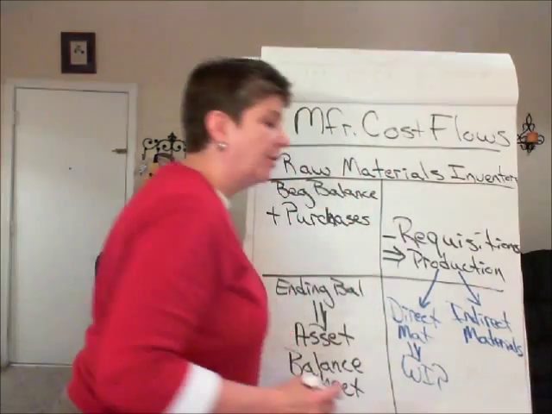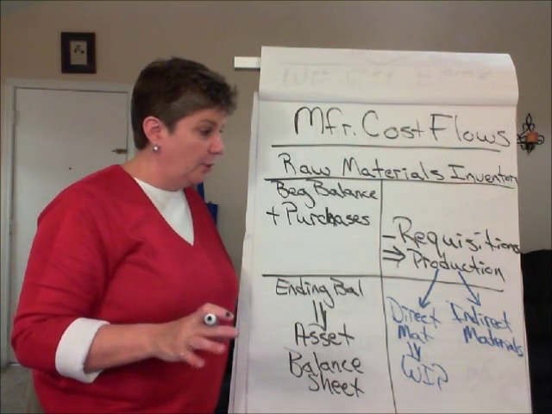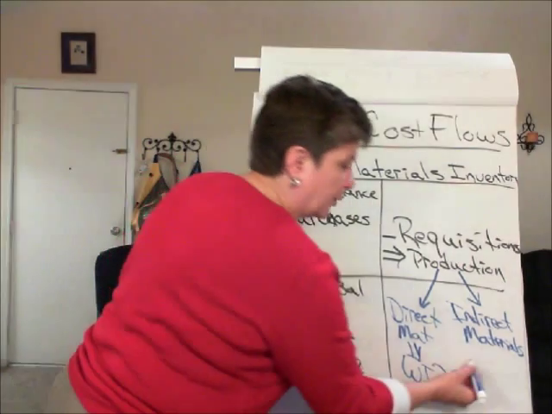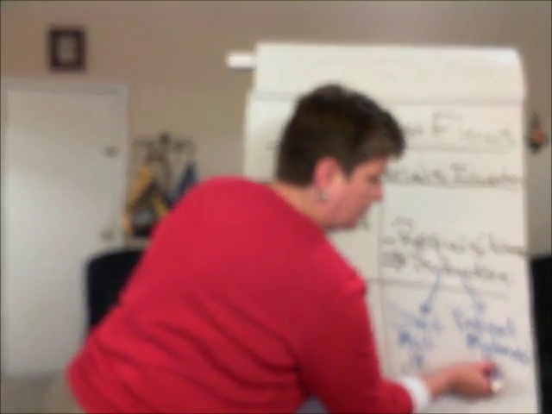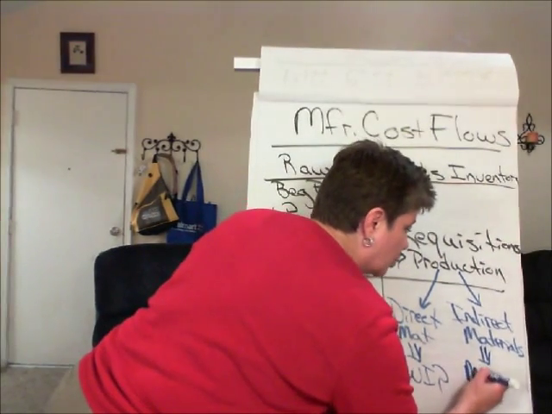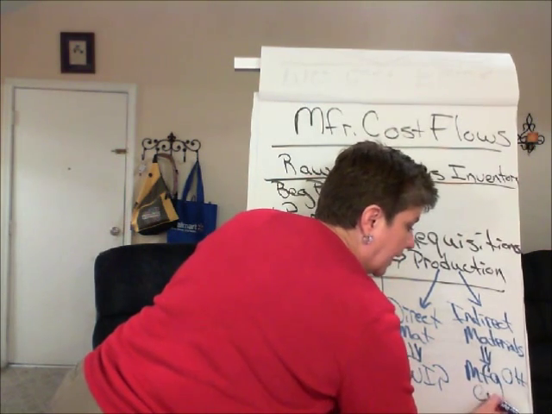And you recall from the direct versus indirect product cost video that indirect materials are part of manufacturing overhead. So the cost of the indirect materials would be recorded in the manufacturing overhead control account.